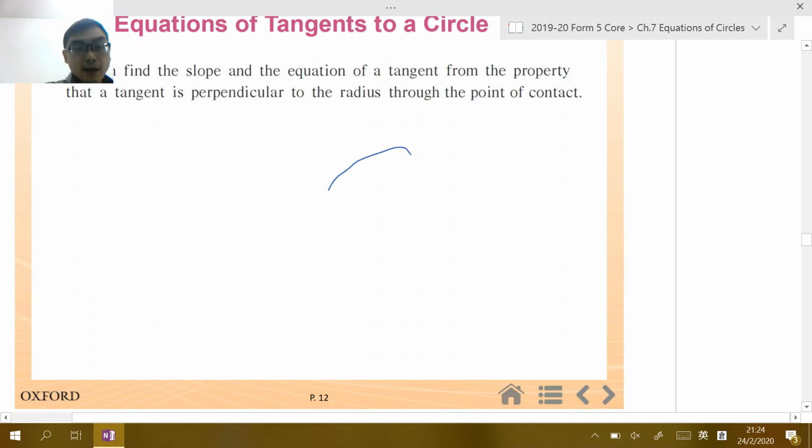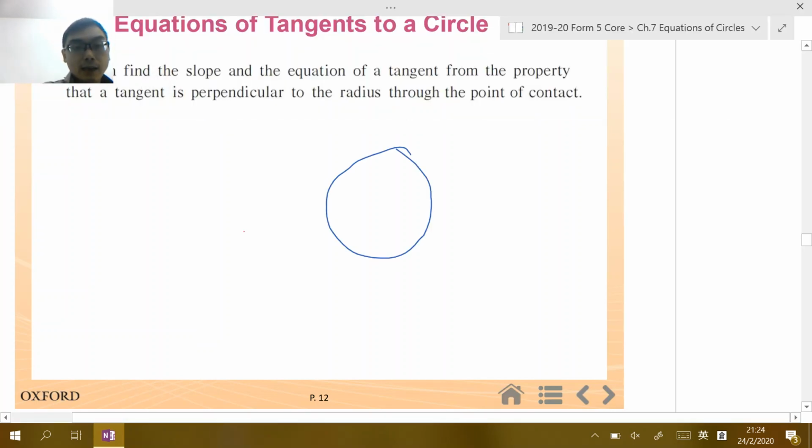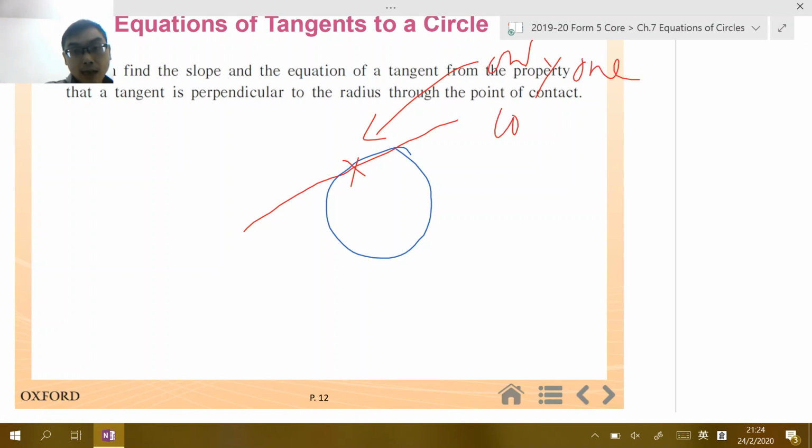If I have a circle, and a line which is called a tangent, you should have only one contact point. Because when we talk about a tangent, there is only one contact point to the circle, and we call this one the tangent.